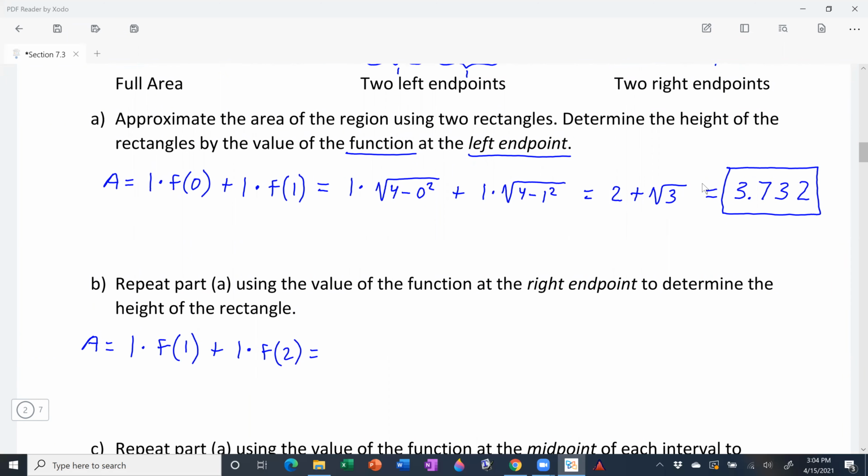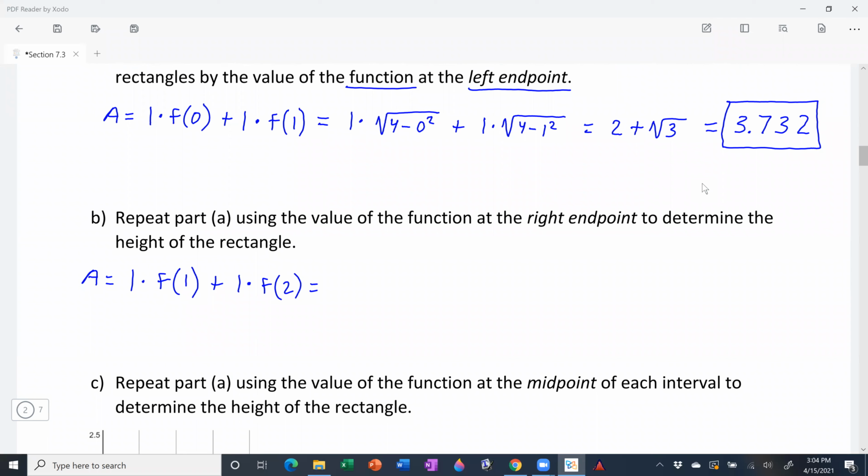So this is 1 times the square root of 4 minus 1 squared, plus 1 times the square root of 4 minus 2 squared. And that's why that one is a 0.